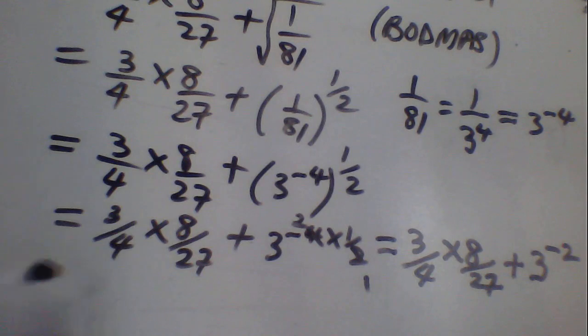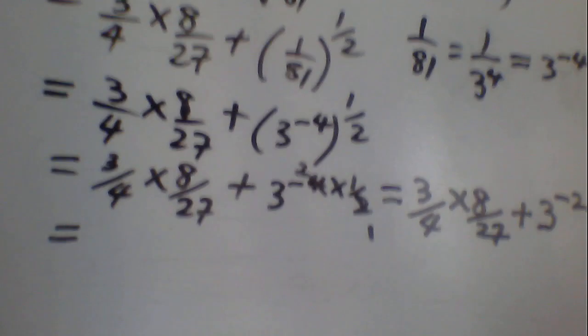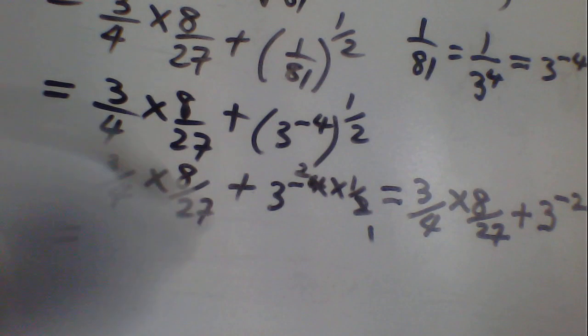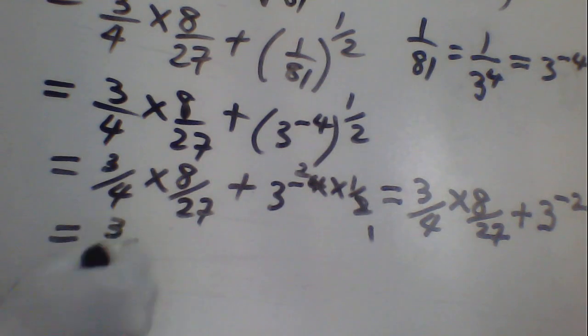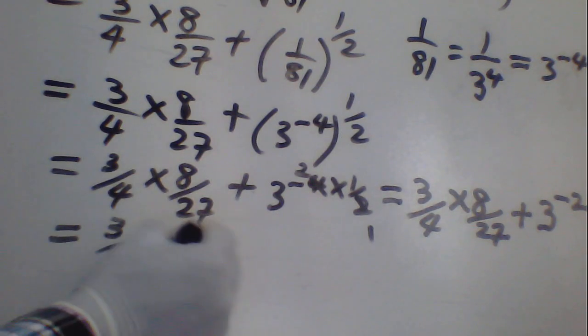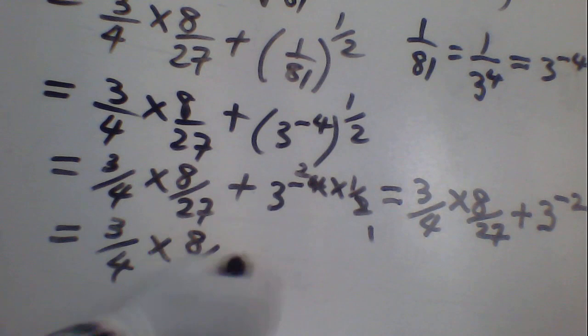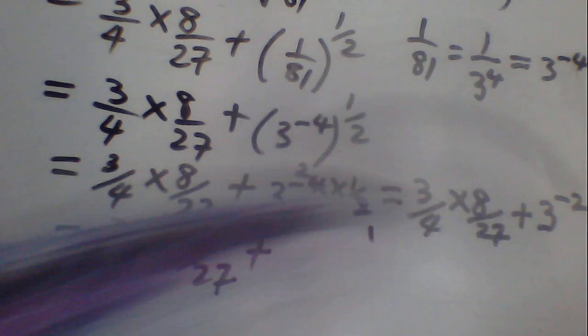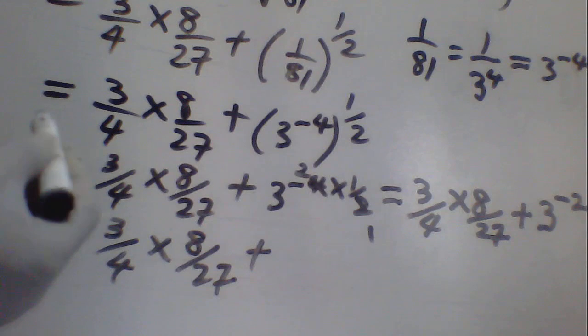Alright, from here we proceed. We have 3 over 4 times 8 over 27 plus, you can still write this in exponent quotient form.